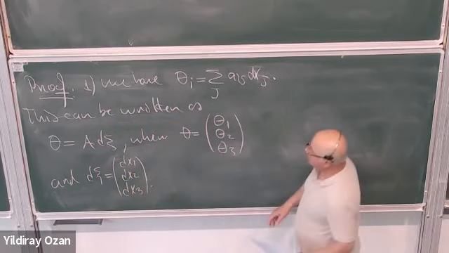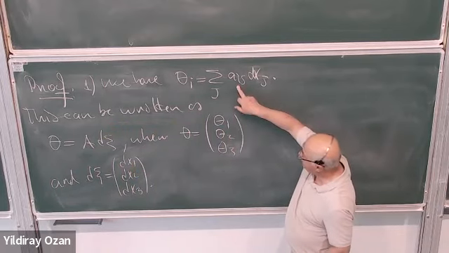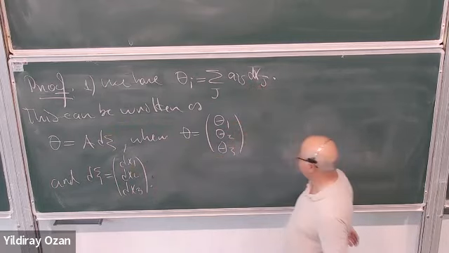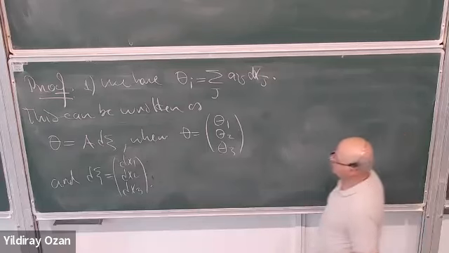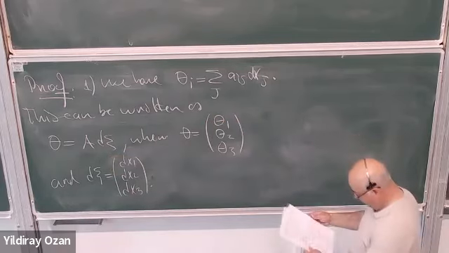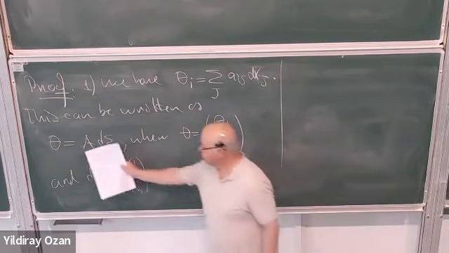So theta is equal to the matrix A times dx. Now we take the derivative of both sides.